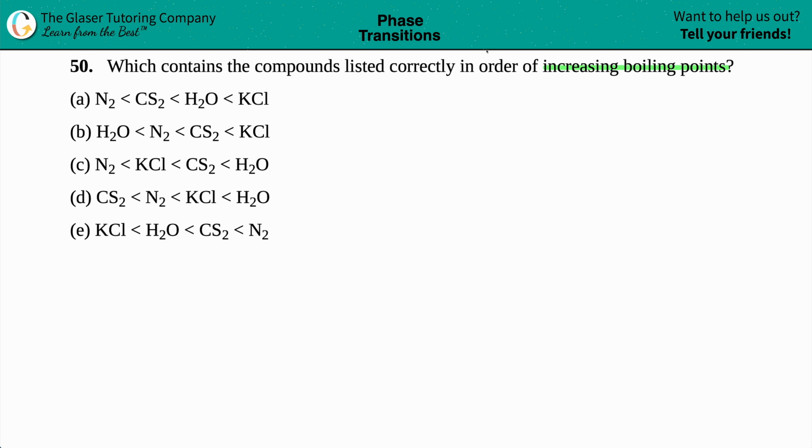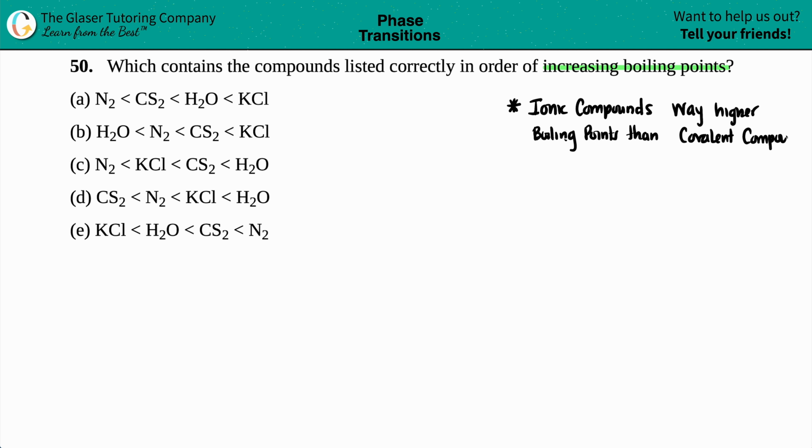And the information is that ionic compounds, the ones that have the metals and the nonmetals, always have way higher boiling points than covalent compounds.